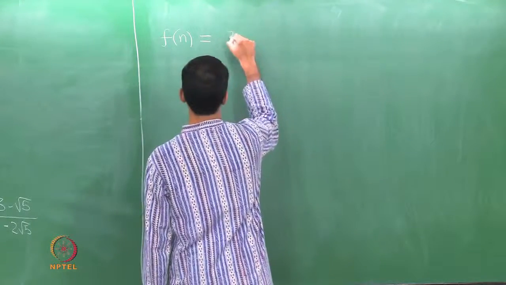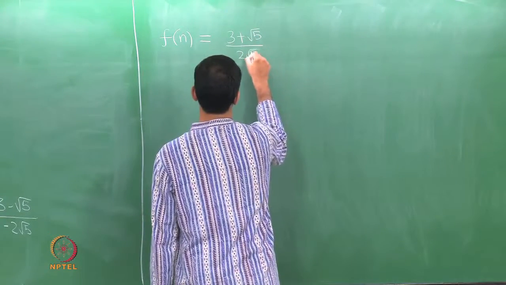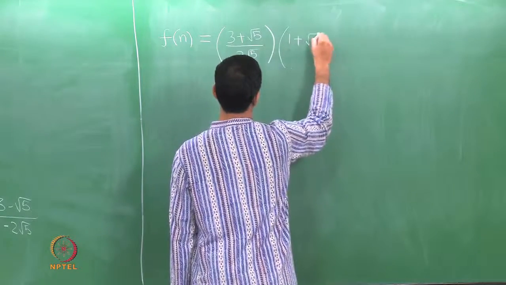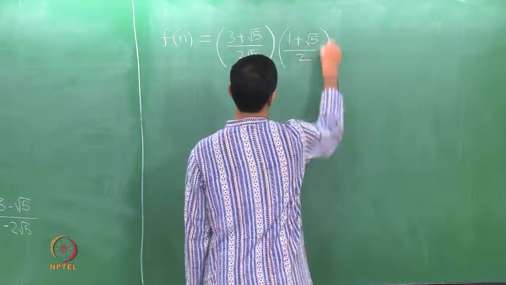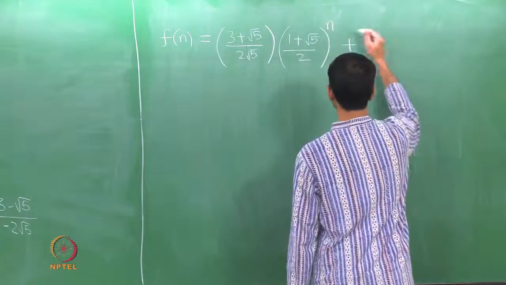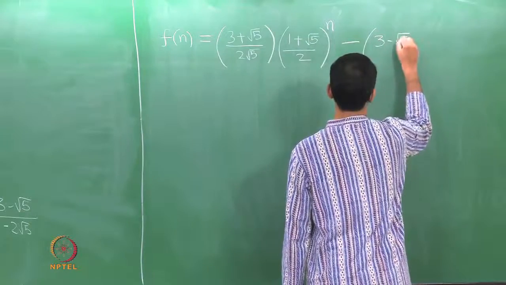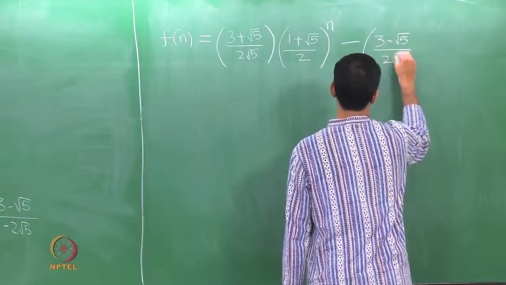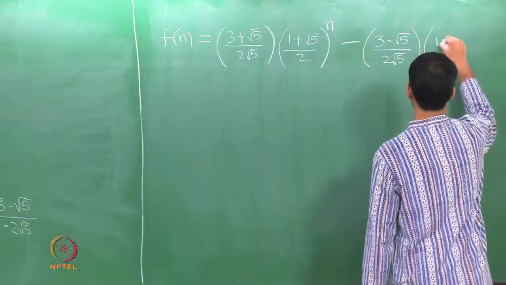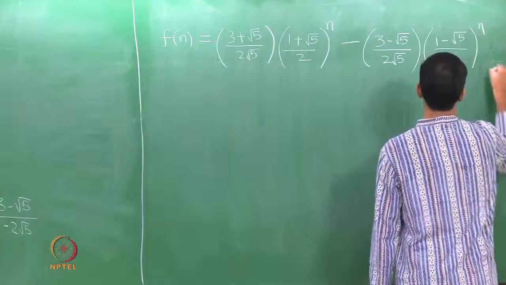So this is just 3 plus root 5 by 2 root 5, that's the constant c1, times r1 power n, where r1 is this, plus the constant c2. The constant c2 in this case is 3 minus root 5 over minus 2 root 5 in the bottom, times 1 minus root 5 by 2 power n.